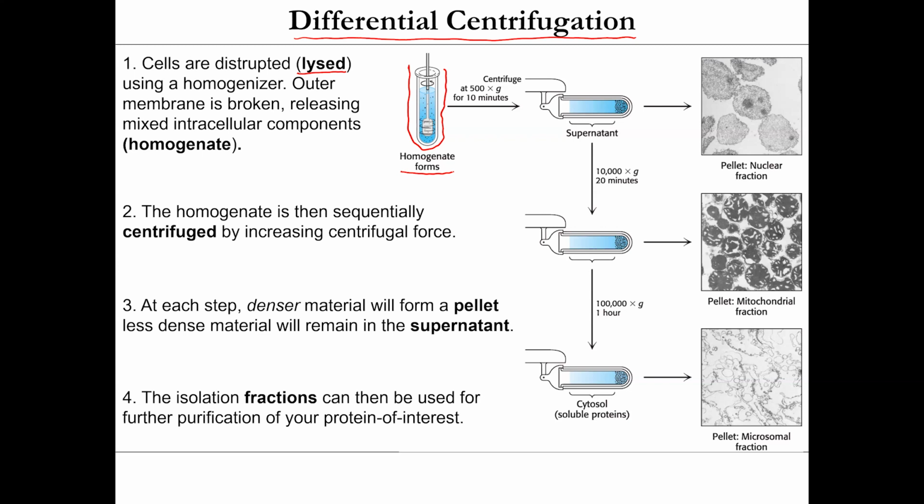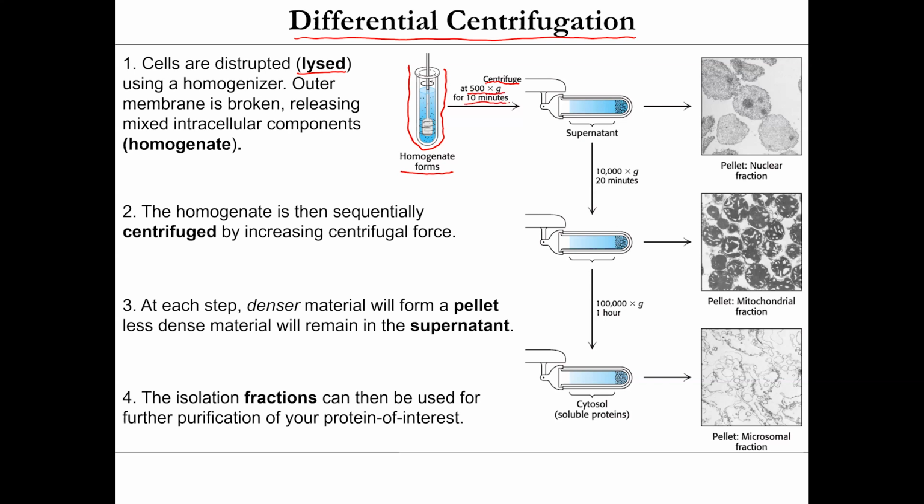Then we can sequentially centrifuge that homogenate by increasing centrifugal force. You can see up here at the top, we do our homogenization, so we form a homogenate. Then we centrifuge that homogenate at a sort of low speed.